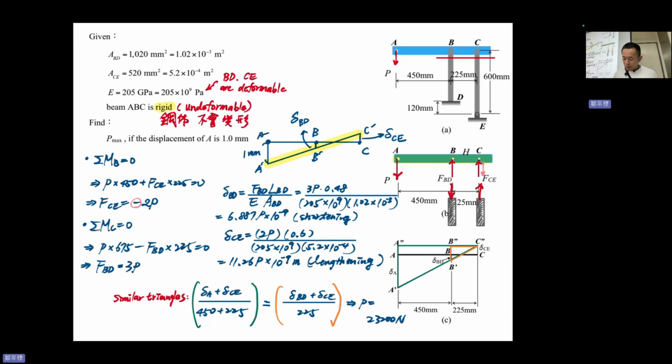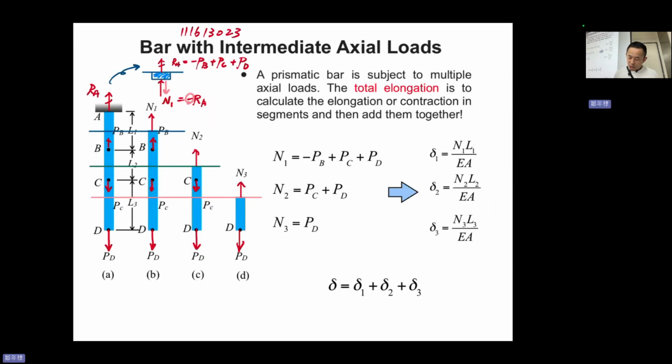For example, if you know the displacement of one point, you can obtain the rest of the points, and then use the displacement to determine the force acting on the material. We also talked about the bar with different cross-sections and intermediate axial loads.